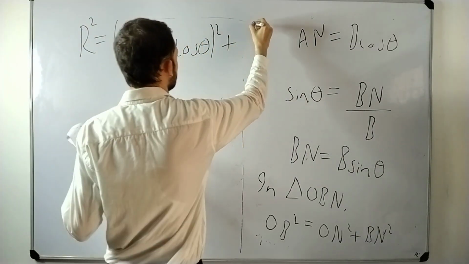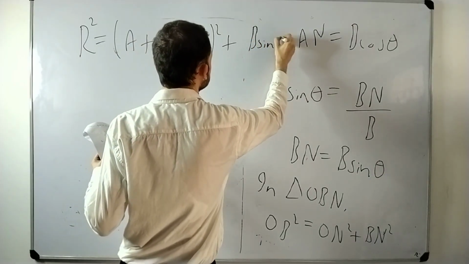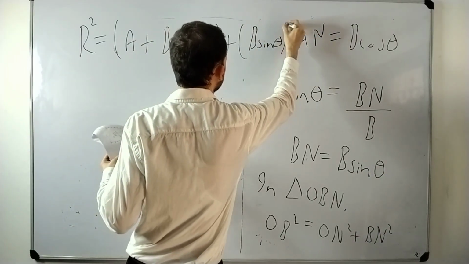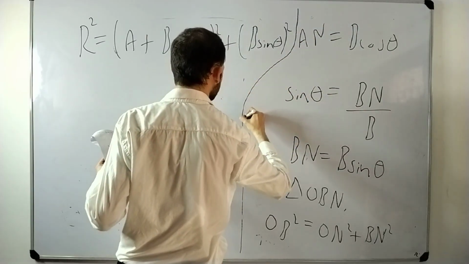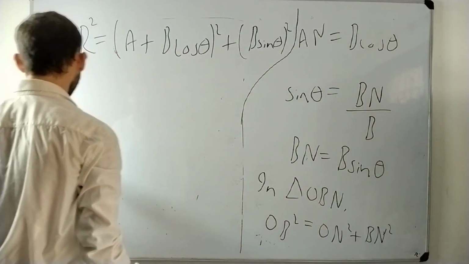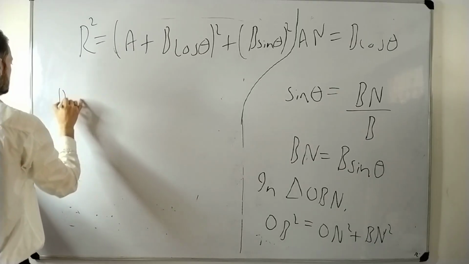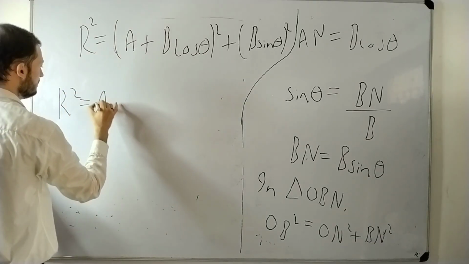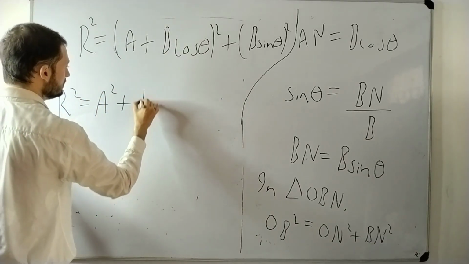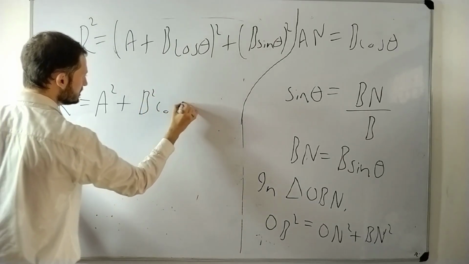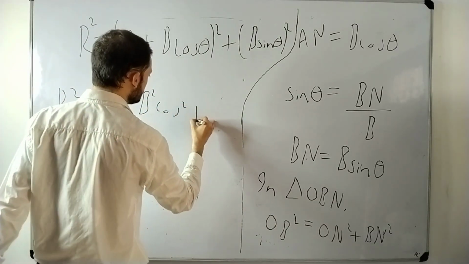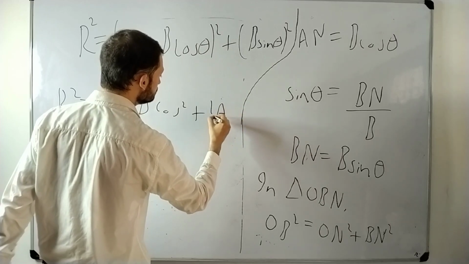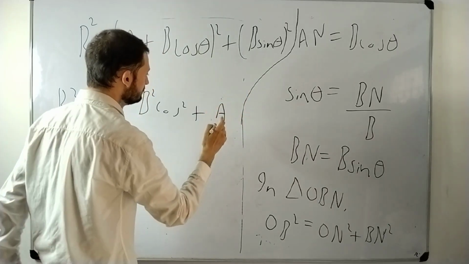And plus B sin theta, squared. Right, students? Certainly, sir. Now squaring both the terms, we get R square as A square plus B square cos square theta, then what should I write? 2AB.